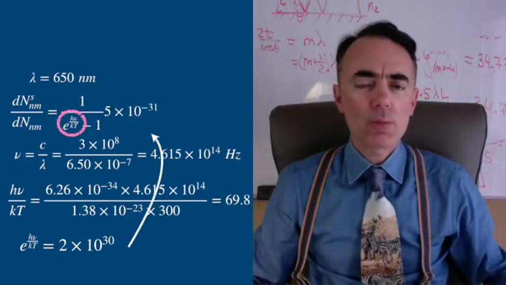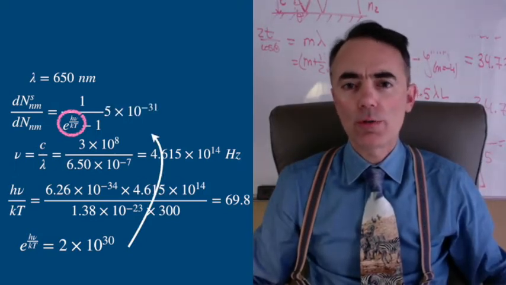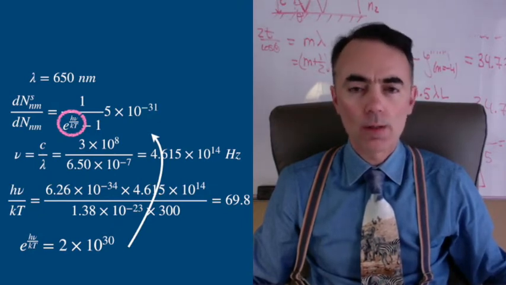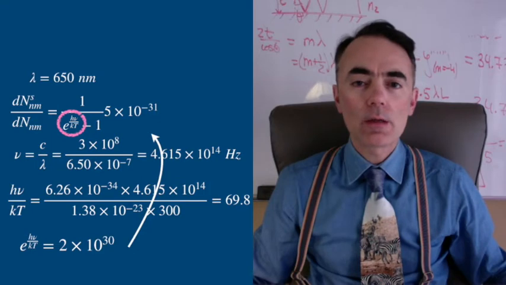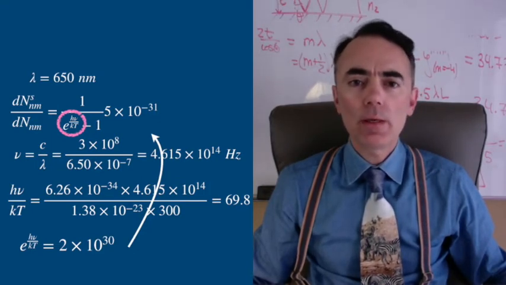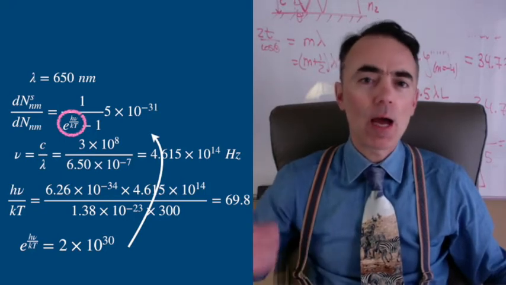It gives a very small number. The ratio of stimulated versus spontaneous emission is really small. The radiation is dominated by spontaneous emission and will be incoherent light. We really need to get that ratio up.